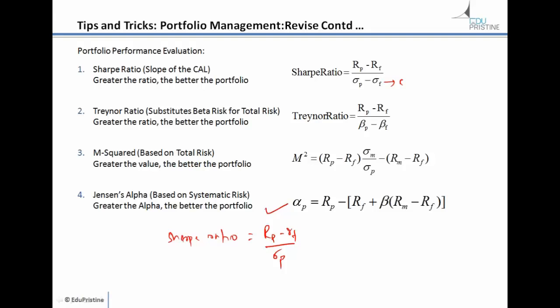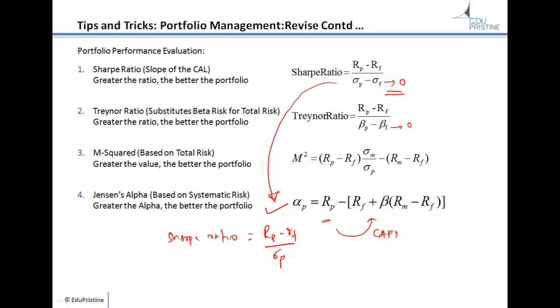So what is the difference between the Sharpe ratio and the Treynor ratio? It is the denominator. In the Sharpe ratio, I am using the total portfolio standard deviation in the denominator, whereas in the Treynor ratio, I am just using the beta or the systematic risk. Similarly, for Jensen's alpha, I am comparing the actual return I have got to the return using the CAPM model.